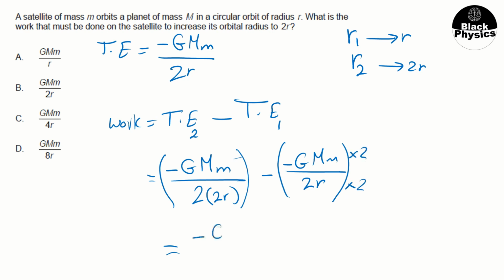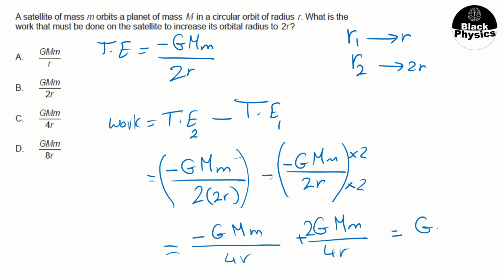We'll get negative GMm over 4R plus GMm. Don't forget the 2 here, and 2 multiplies R, so we now have a common denominator. We can find the answer as negative G plus 2G would be positive GMm over 4R. So the answer here will be C.